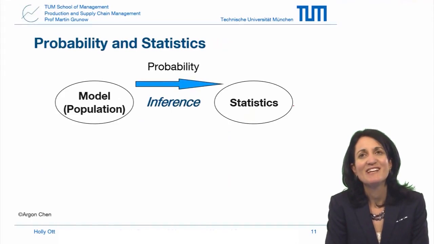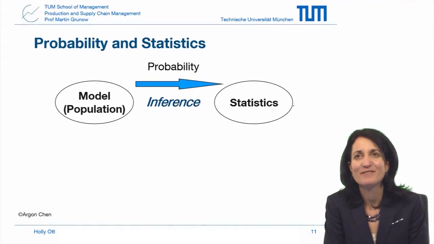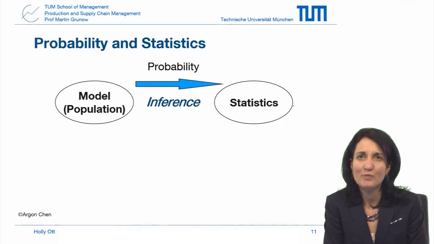So do you remember at the beginning of this course we asked what is the difference between probability and statistics? Probability allows us to infer something about what we would expect to observe in a population. In session 2, we introduced probability distributions, which allowed us to make probability statements about values of a random variable.